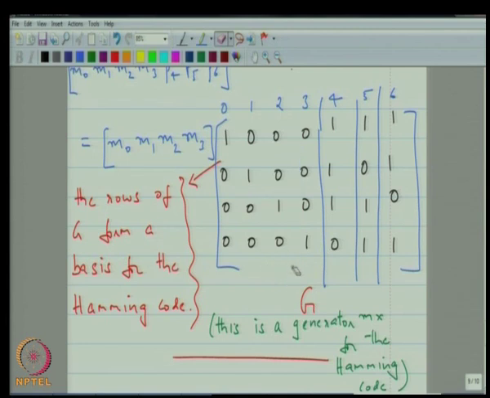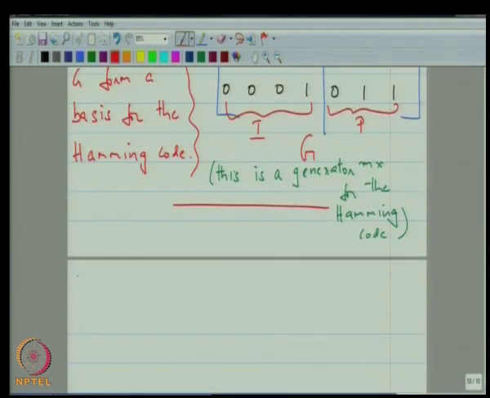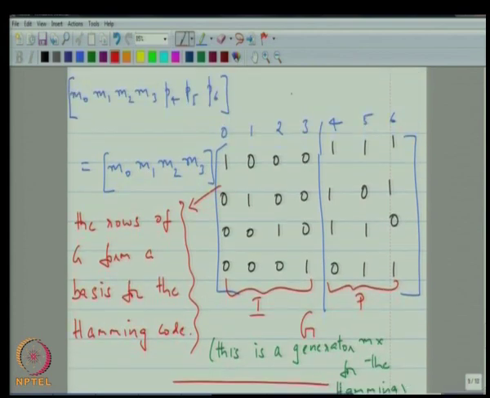Let us remove some of these lines which we do not need. Then we see that this part is the identity and this part is the P. And from that we know that we can actually write down the parity check matrix of the Hamming code.